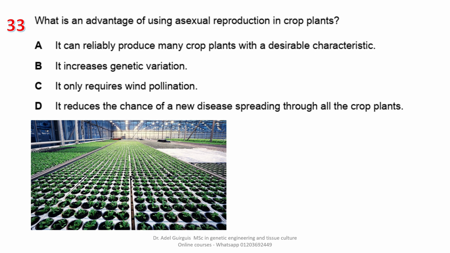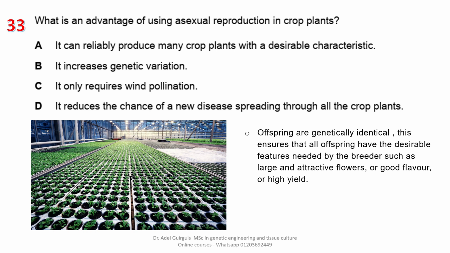So the answer is A, where offspring are genetically identical. They ensure that all the offspring have the desirable features needed by the breeder, by the farmer, such as large and attractive flowers, or good flavor, or high yield. All of this is created by asexual reproduction. Okay?